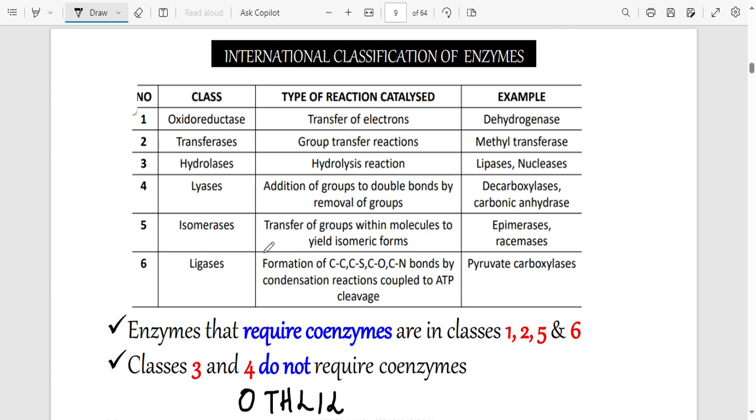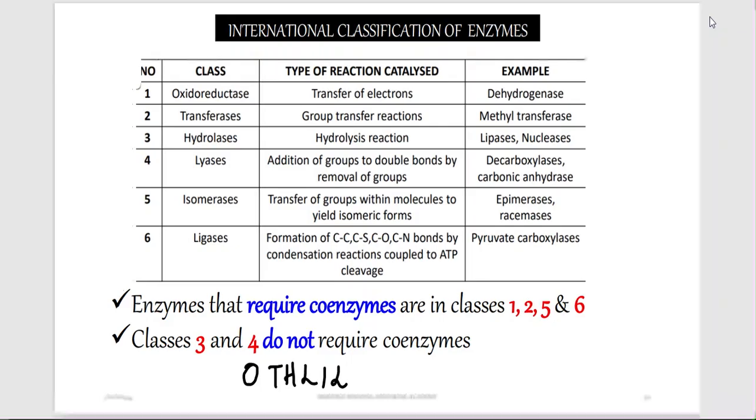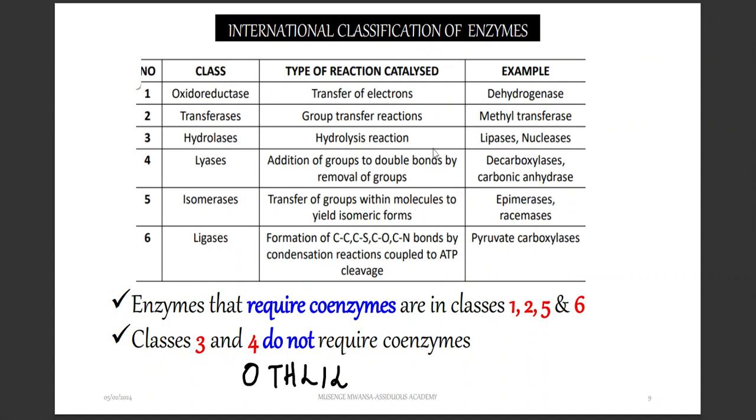Isomers are just the same compounds which look different, right? So isomerases will be able to transfer groups within a molecule to yield an isomer. Okay. And then you have ligases.